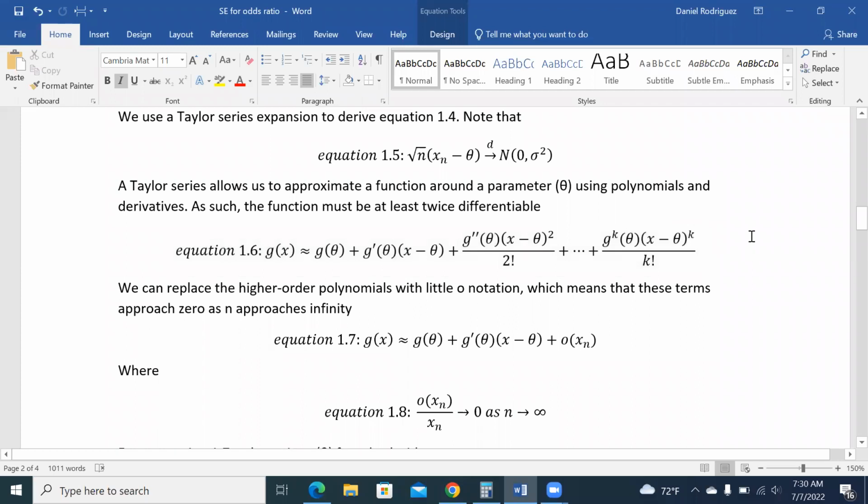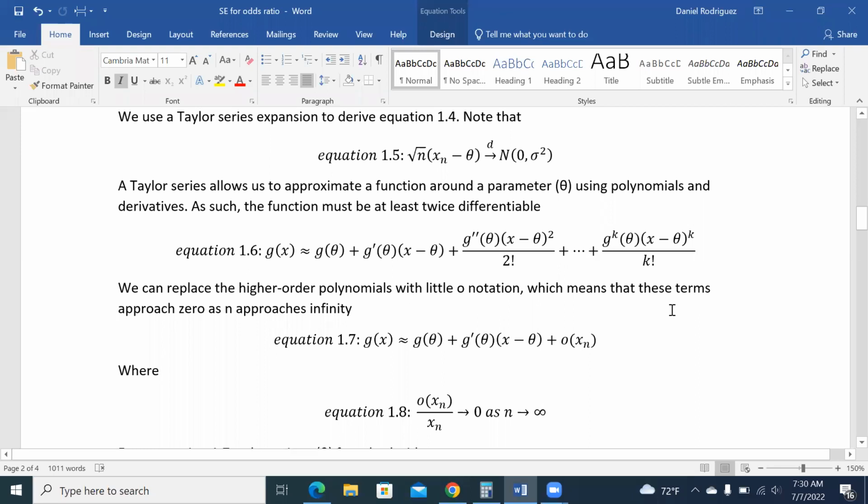But we don't really need to go that far, because beyond these first 2 terms, these higher order polynomials, while they'll clean our function and make it a better representation of the actual function around theta, they really don't add that much more.